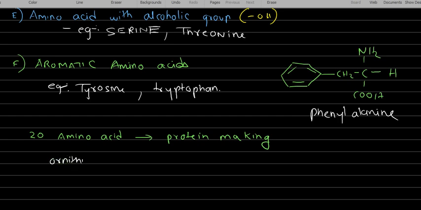Ornithine is also an amino acid, but it is not involved in protein synthesis, and since it is not, we do not count it in those 20 amino acids. So there are n number of amino acids present in your biological system, but only the 20 mentioned above are responsible for making protein.